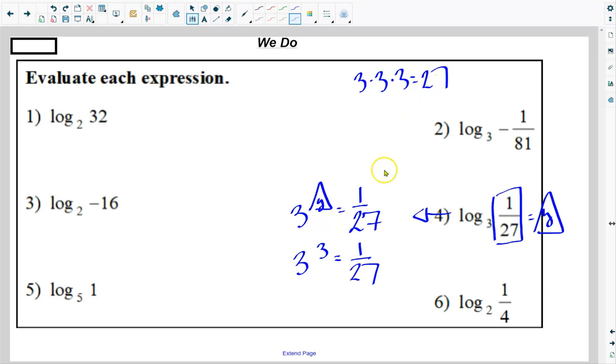I get a 27, I don't get 1 over 27. So the easy algebra trick that you guys have seen definitely in Algebra 1 is applying that negative to the exponent, and that's going to give you the multiplicative inverse. So therefore in this case y equals negative 3.